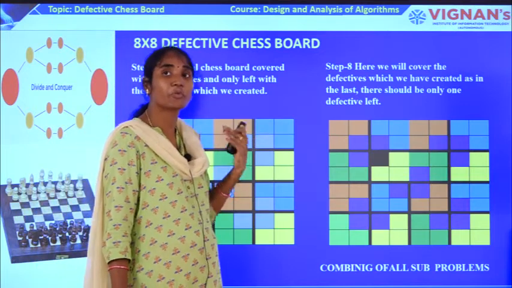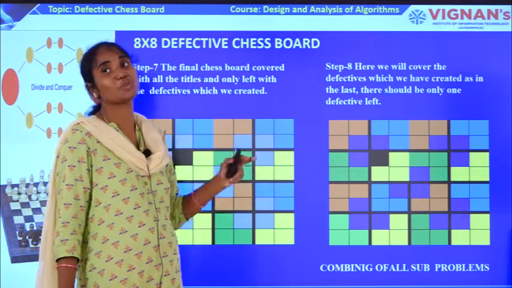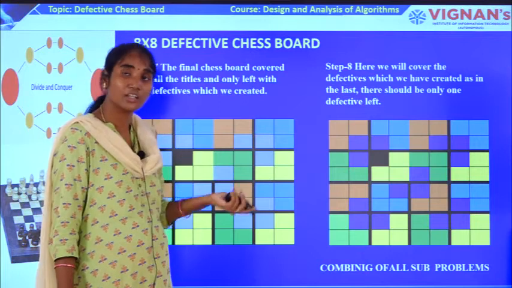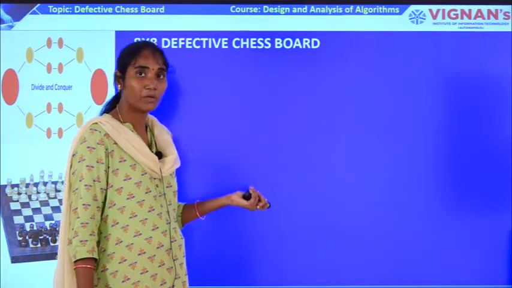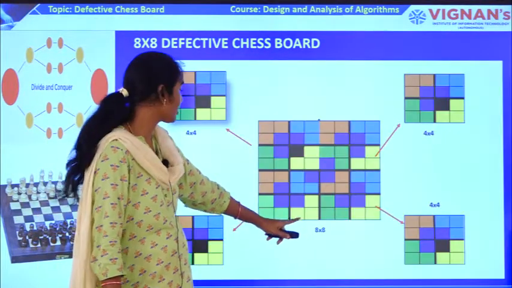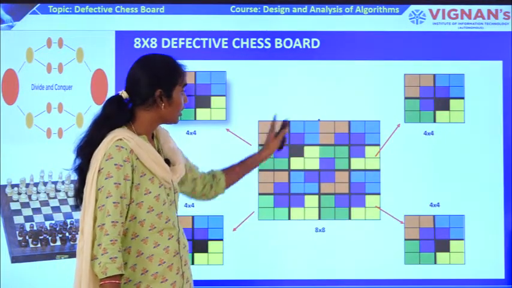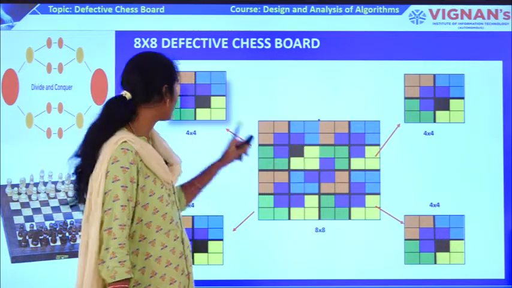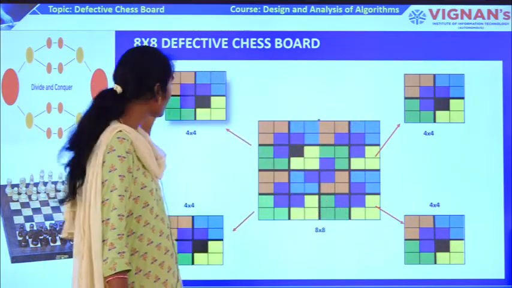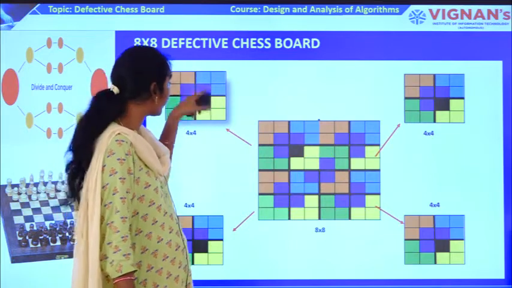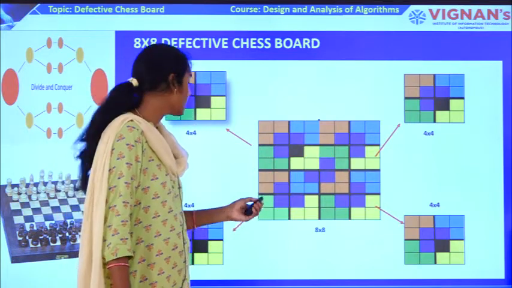Again each 4 by 4 is divided into four 2 by 2 chessboards, and each 2 by 2 is divided again into 1 by 1 chessboards. Here you can see the total 8 by 8 chessboard is divided into 4 by 4 chessboards, and each 4 by 4 is solved using the divide and conquer strategy.